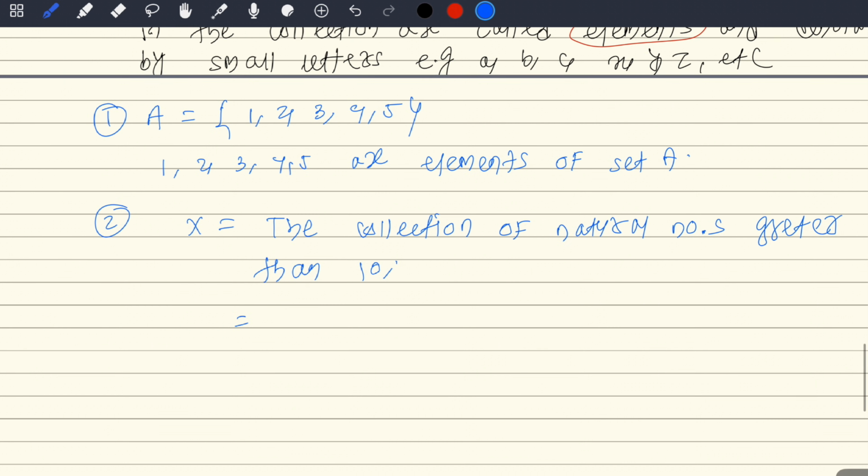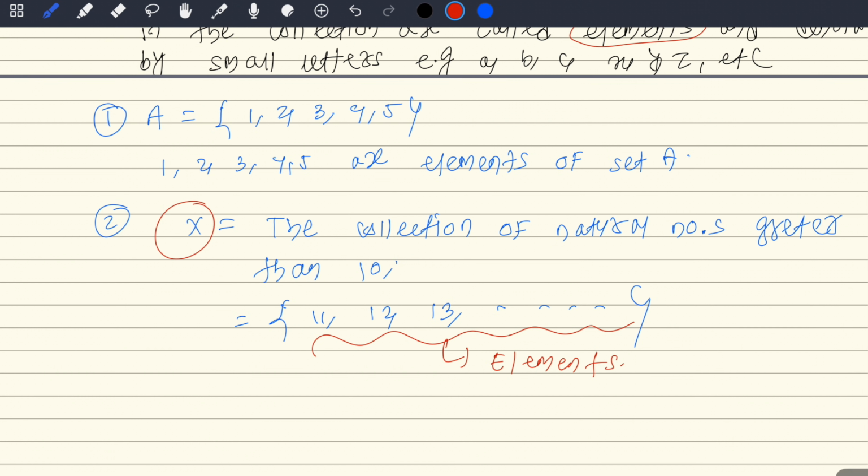Then what are the numbers? 11, 12, 13 and so on. So these all are called elements of the corresponding sets.